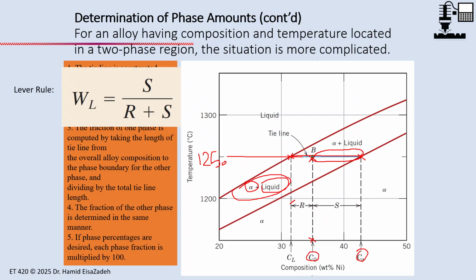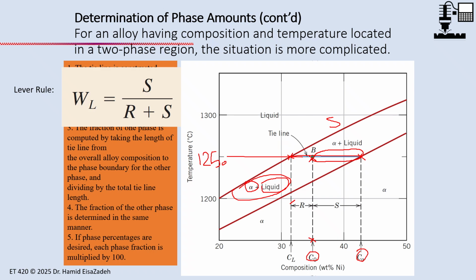So it's called S. And then divide this S by R plus S. R is going to be C0 minus CL, right? And then that gives you the fraction of liquid.